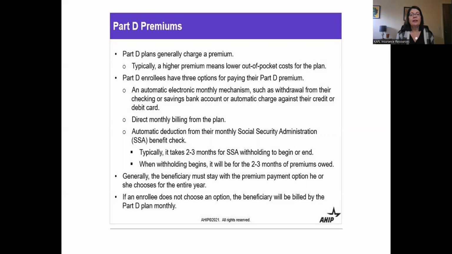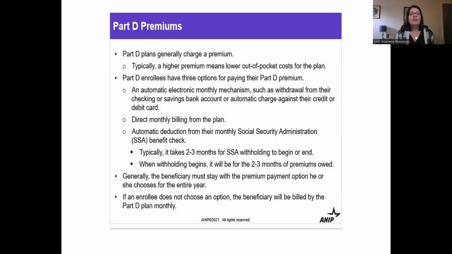And then a higher premium means lower out-of-pocket costs. I think that tends to be true in general with any of these plans. The more that somebody pays, whether it be a drug plan, a Medicare Advantage plan, or a MedSup, the higher the premium, the lower the costs throughout the year in general.